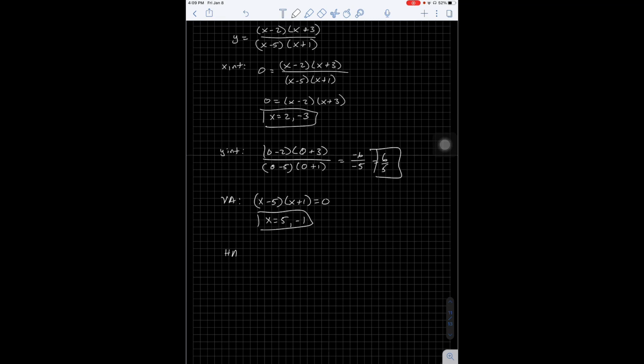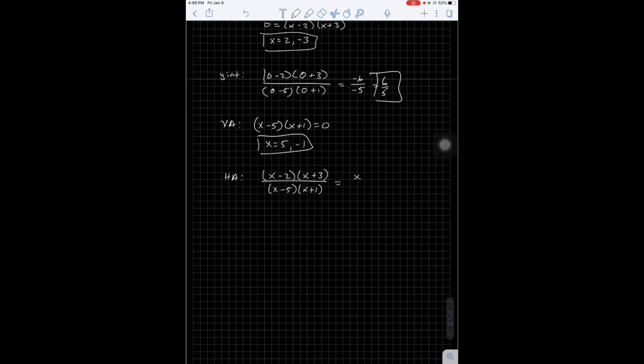And horizontal asymptotes. Now, the horizontal asymptote process cannot be factored. Like you can do it that way, but it gets a little tricky algebraically. So what I would like you to do, and which will make your life easier, is take your function, if it is already factored, and multiply it out before you do your limit.